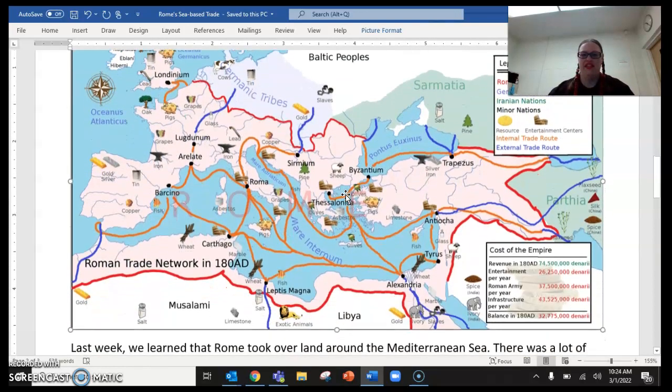You can see the different things that were imported and exported, right? The orange, sorry, before we get there, the orange is the internal trade route, so from somewhere in the Roman Empire to somewhere in the Roman Empire. And then the blue is external trade routes. So from inside the Roman Empire, crossing that border outside of the Roman Empire.